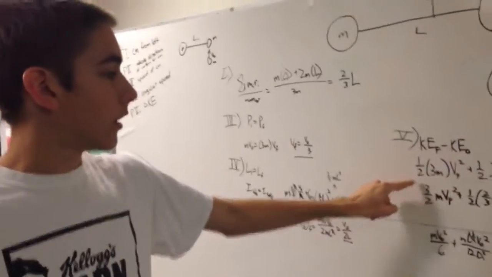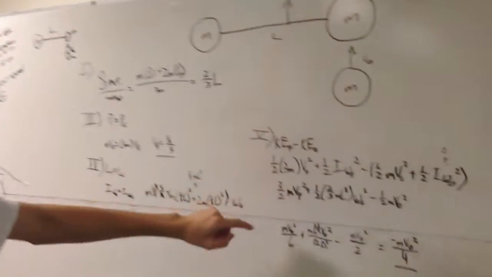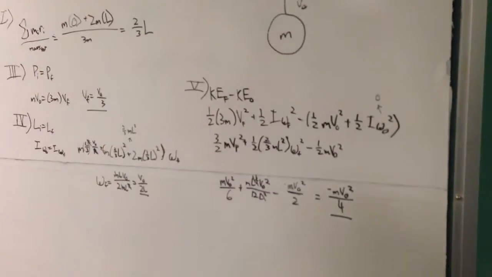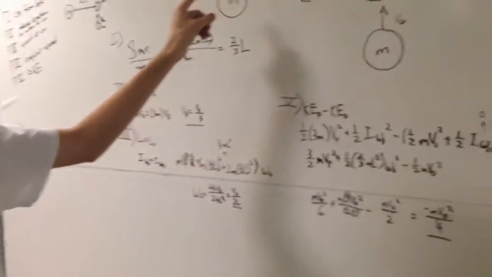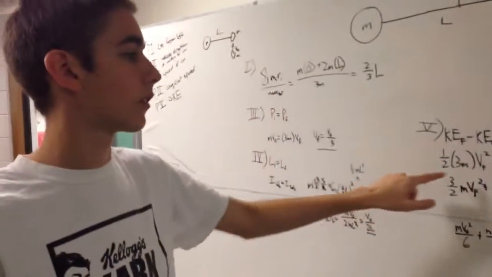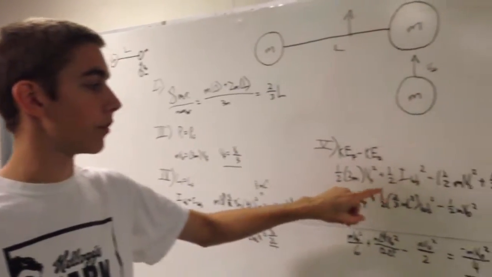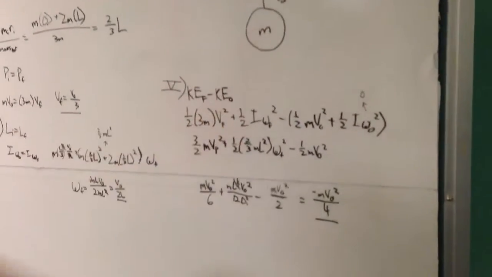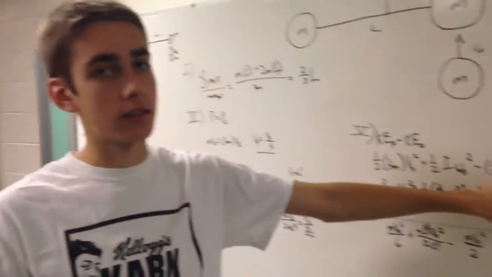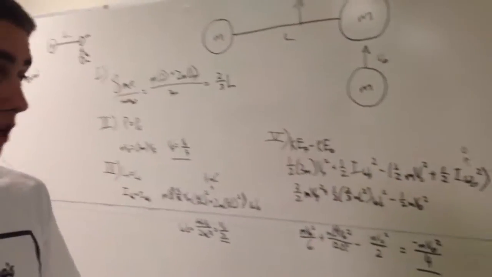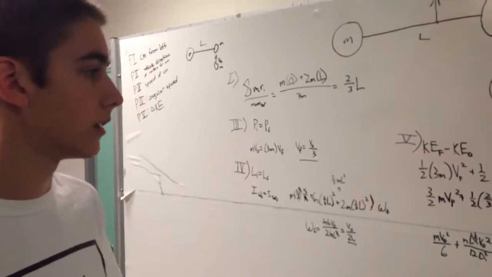So kinetic energy final, 1/2 m v squared for linear is linear kinetic energy. It's 3m because at the end the mass of the system is 3m. V final squared plus 1/2 I omega final squared minus 1/2 m v sub o squared, since omega initial is 0.